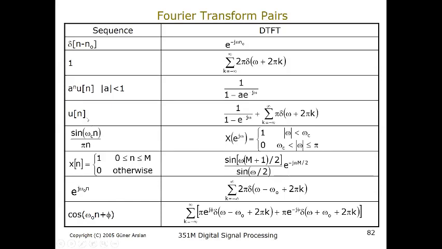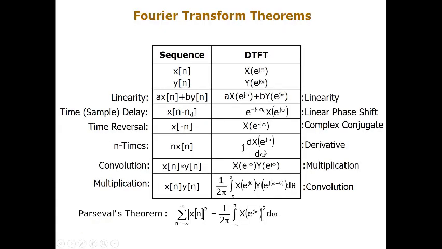So we want to be familiar with a number of these transforms for common signals and the properties, the theorems, and what happens to our discrete time Fourier transforms when we do things like making linear combinations, multiplying by n, convolving things, multiplying things, time reversing, all those operations.